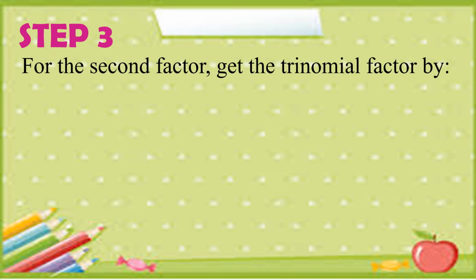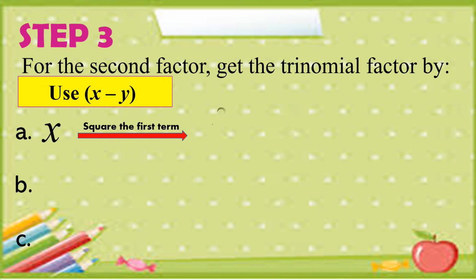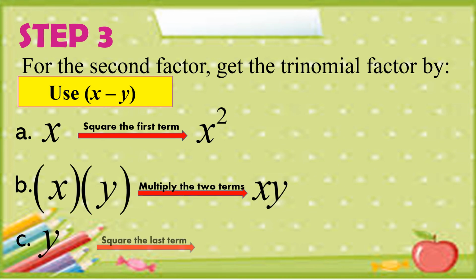And for step 3, let's find the trinomial factor by using the first factor, x minus y. Square the first term, multiply the two terms, and square the last term. And I'm going to combine all the products.